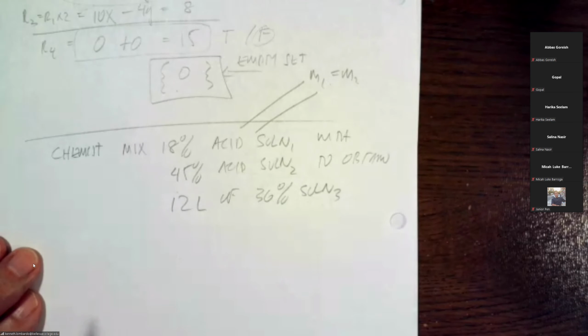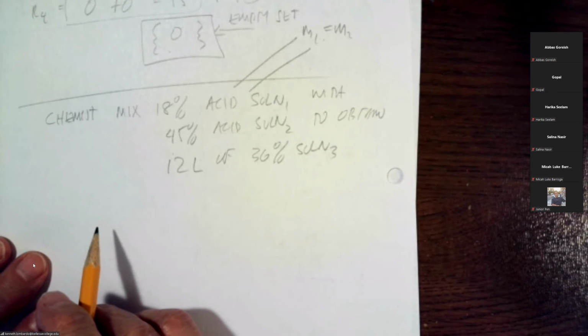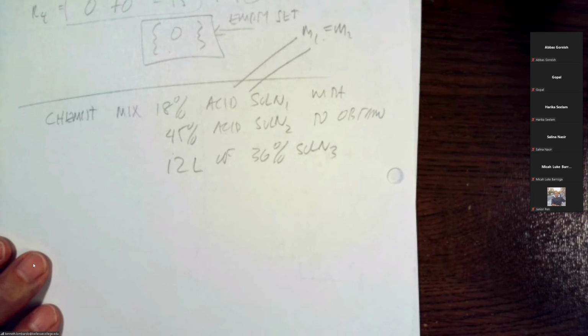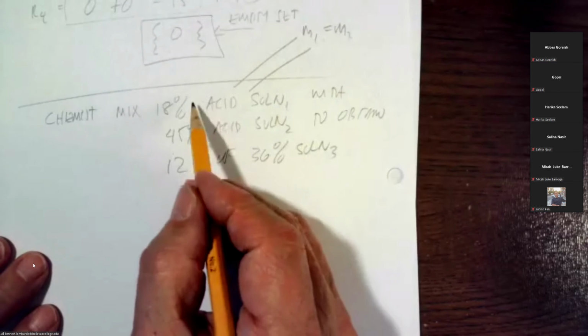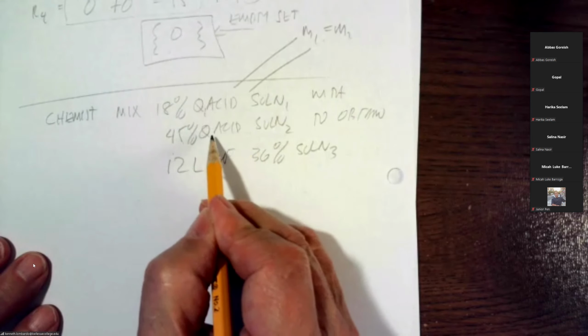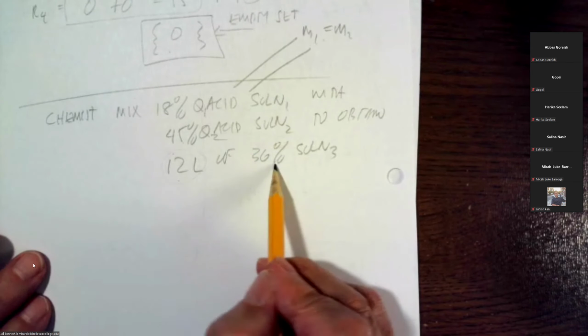So that's solution 3. We don't know what the quantities are. You might be asked to find how many liters of each must be used. So you're asking for the quantity here, maybe I'll call that Q1, and the quantity here, maybe I'll call that Q2. And that gives me a quantity here of 12 liters.